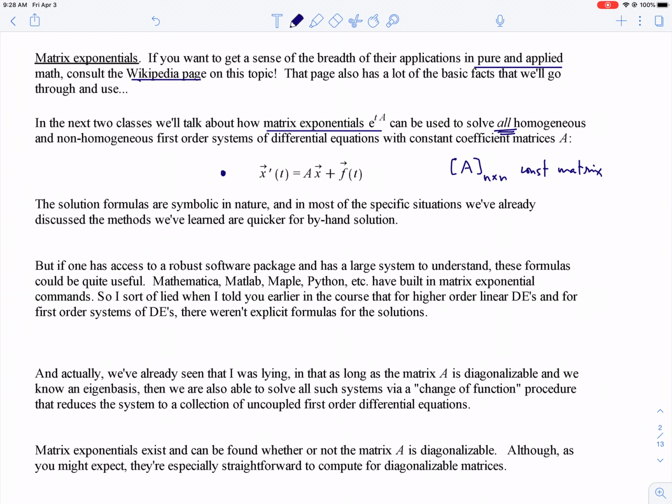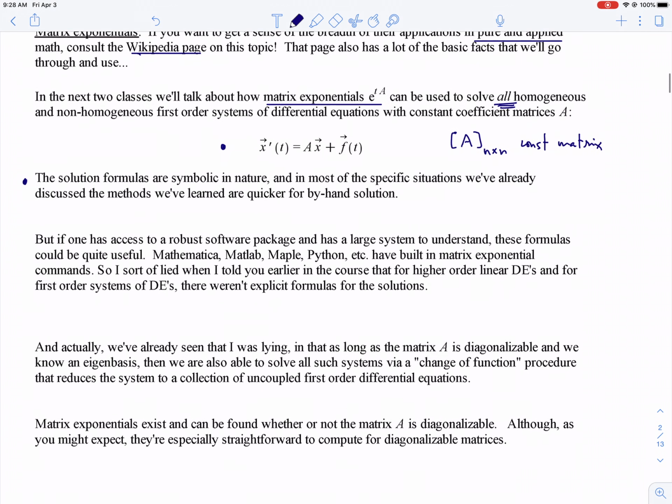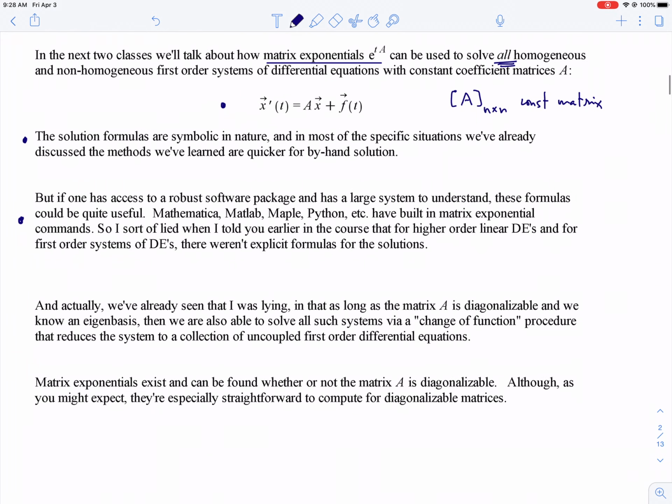And the formulas are explicit, they're symbolic. In terms of the kinds of problems we've already been studying, the way we've taught you first is usually quicker, but the symbolic formulas are useful, especially if you have a good software package which can compute these explicit formulas, and pretty much every good software package does.